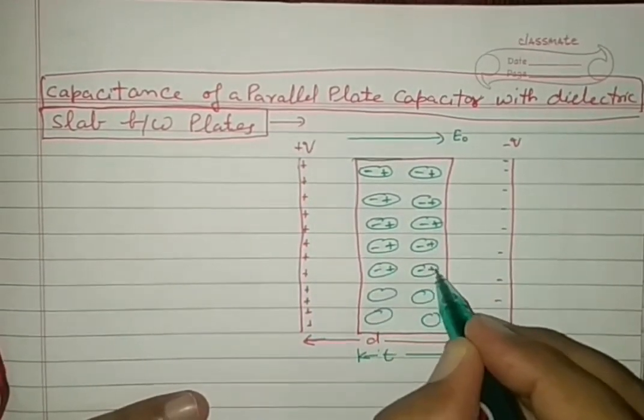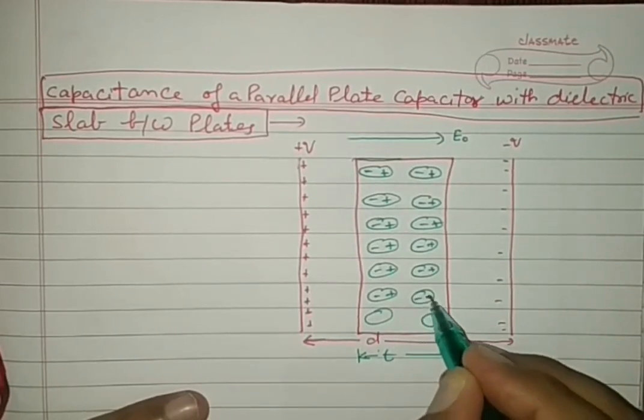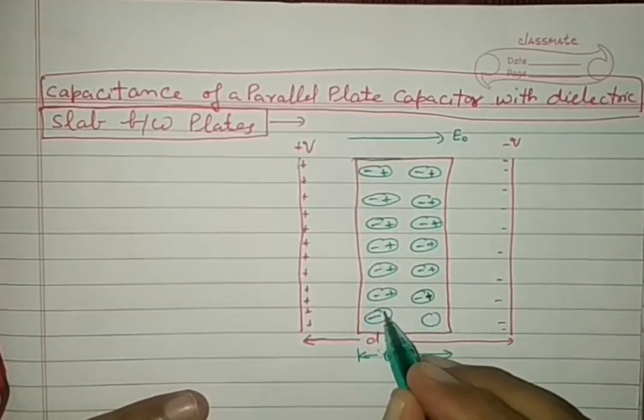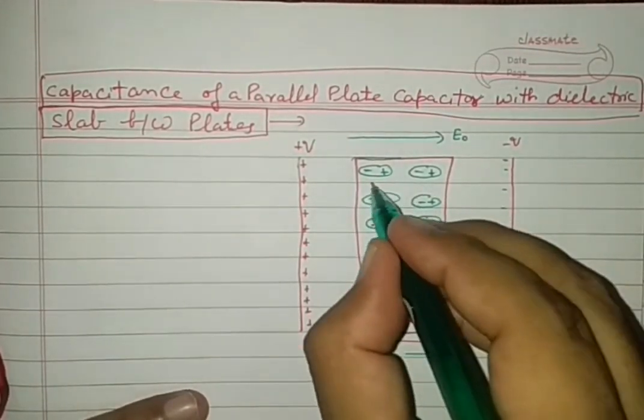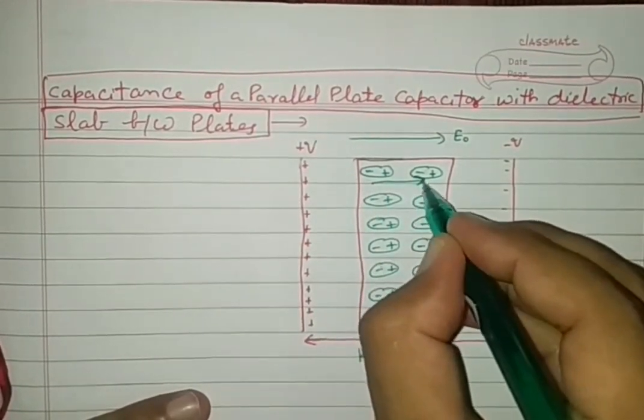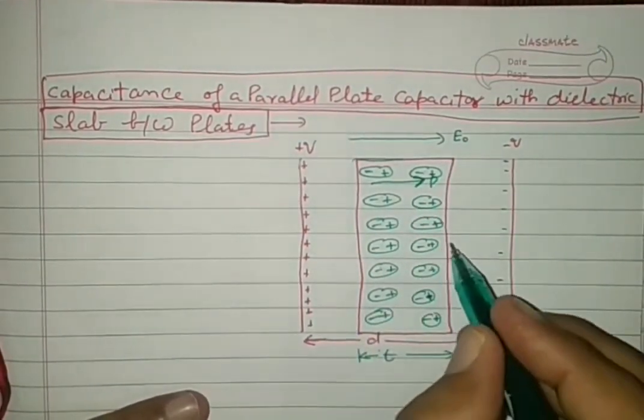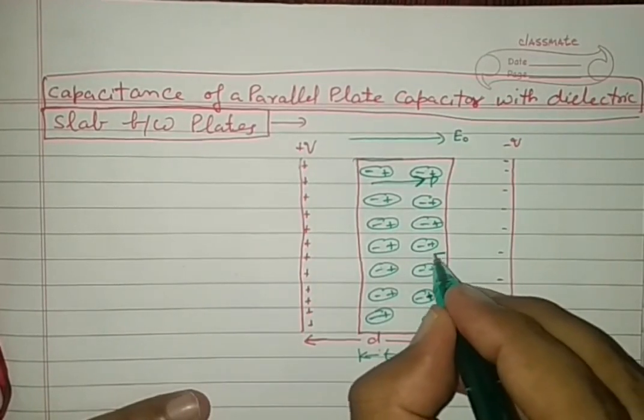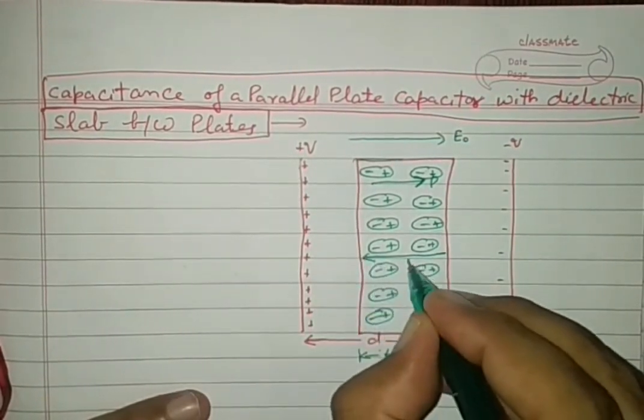As a result, a dipole moment is set up within the dielectric. The direction of the dipole here is P. So an internal field E dash is developed.